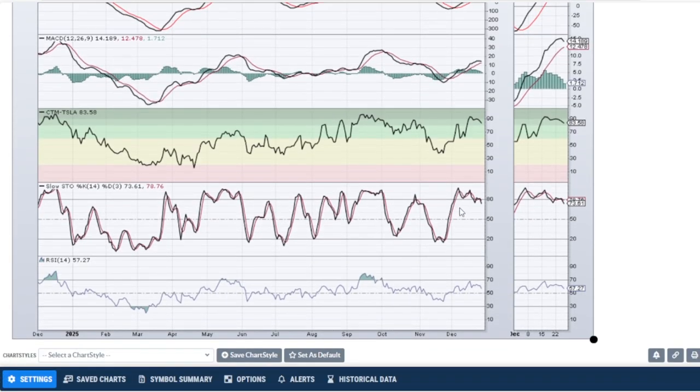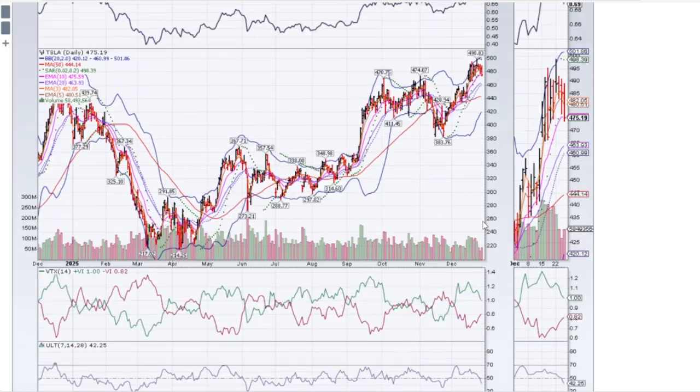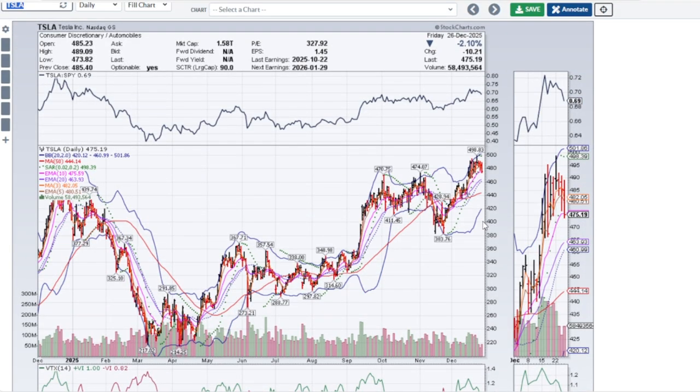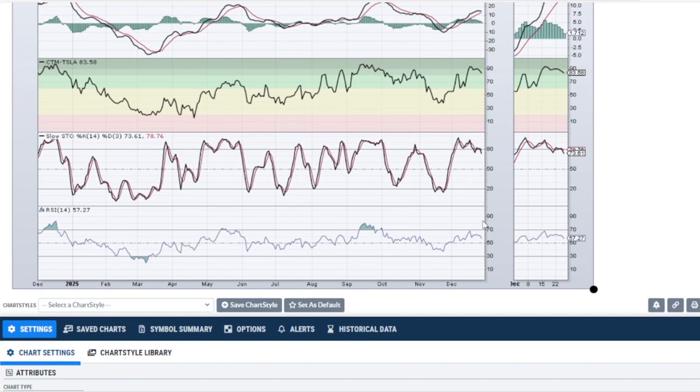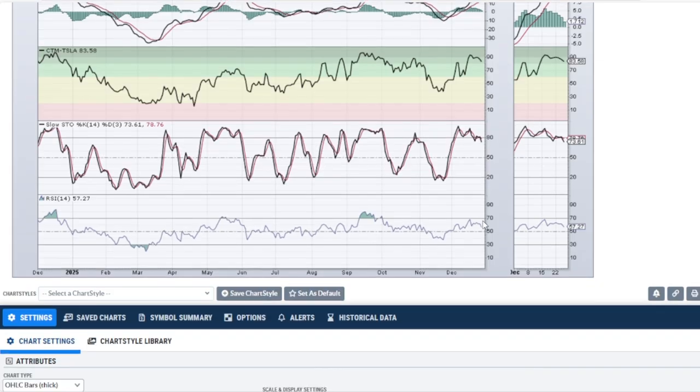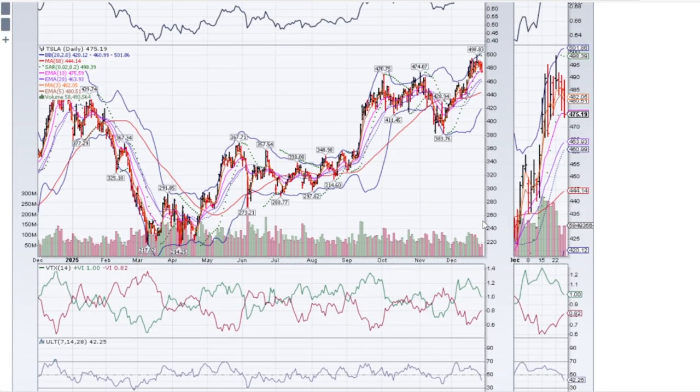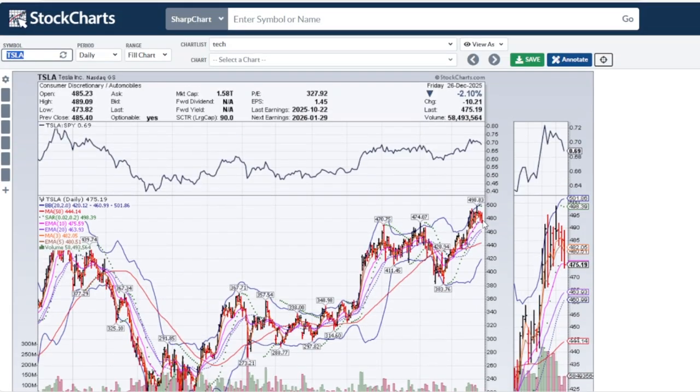Its slow-moving stochastics is at 80, which would put it at somewhere at its 10-day moving average. So Tesla could be somewhat neutral or could see a slight pullback, even though its RSI is at 57, which could turn around.